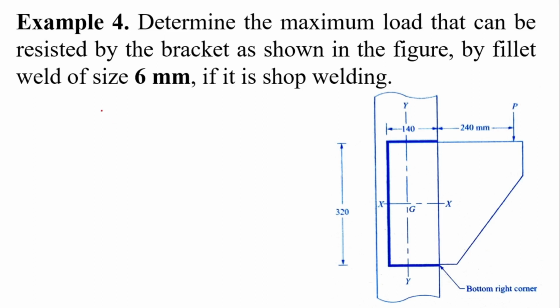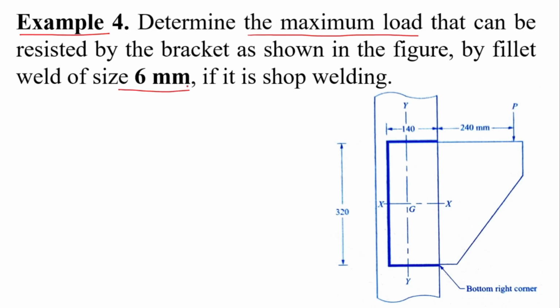So let's start example 4. Determine the maximum load that can be resisted by the bracket as shown in the figure by fillet weld of size 6 mm if it is shop welding.